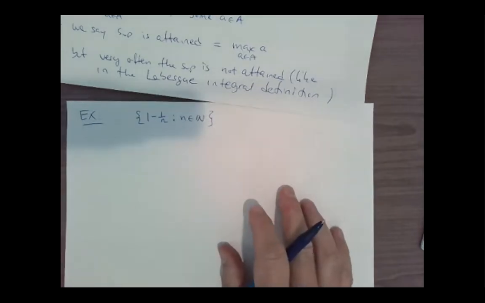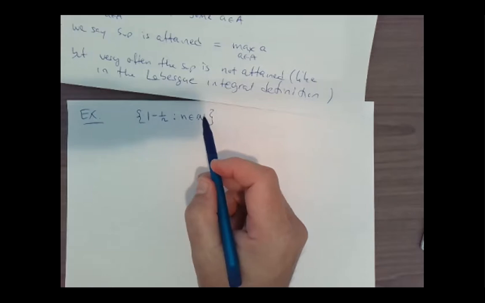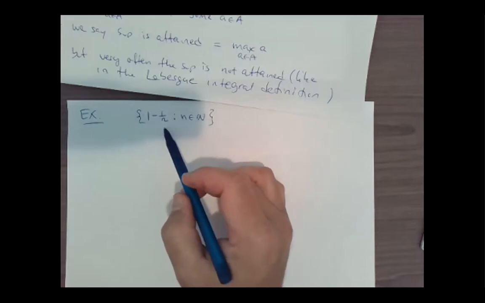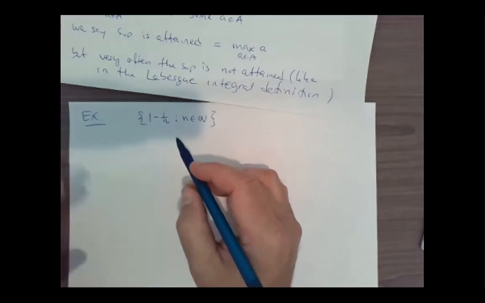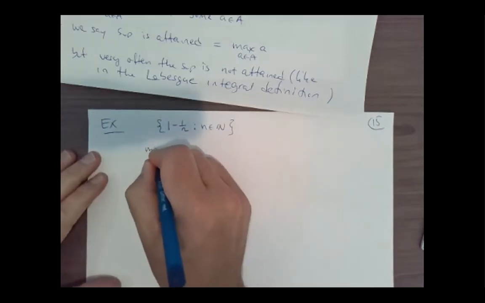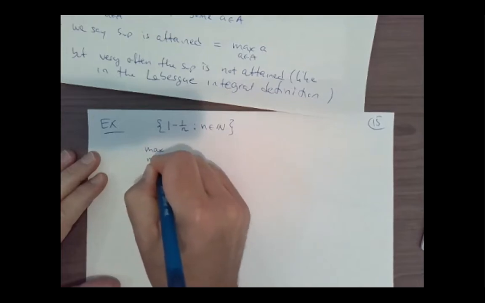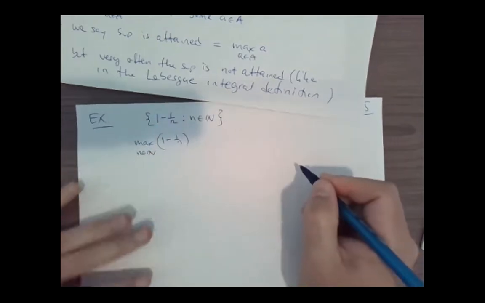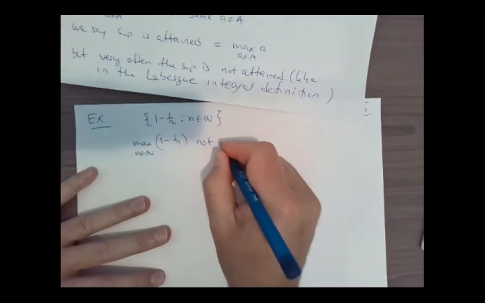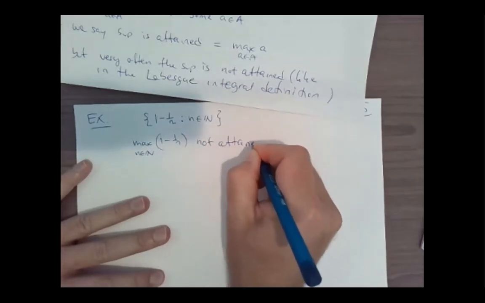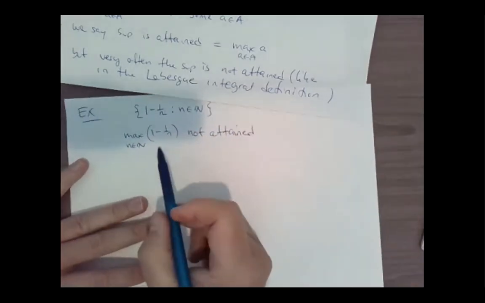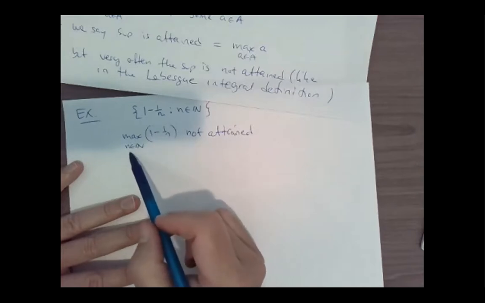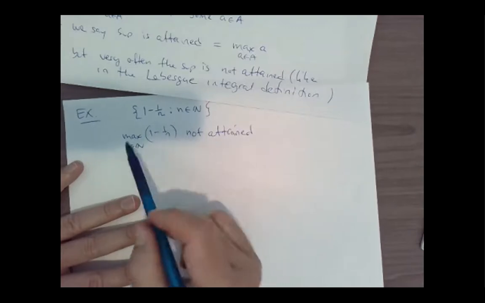What happens here is that as n gets bigger and bigger, this 1 over n gets smaller and smaller. So if I try to do the max over n of this 1 minus 1 over n, this is not attained. I cannot find any n that will maximize this.